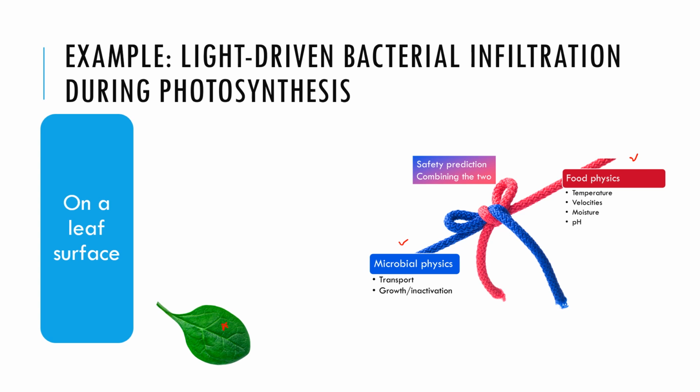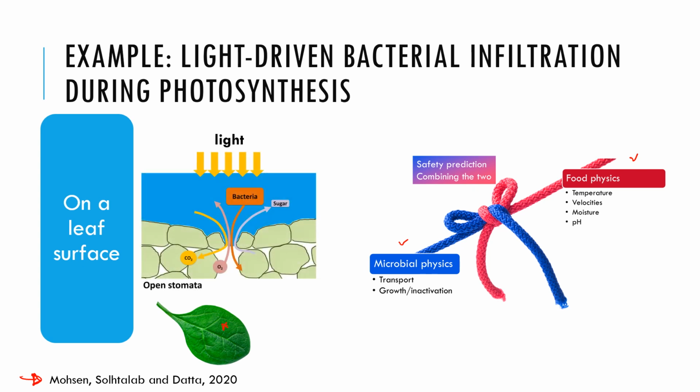It has been studied quite comprehensively by the authors here, and that's the work that I'm about to describe. If we look at a cross section of a leaf surface with the stomatal opening here, during photosynthesis, when you have outside light, then sugars form here.